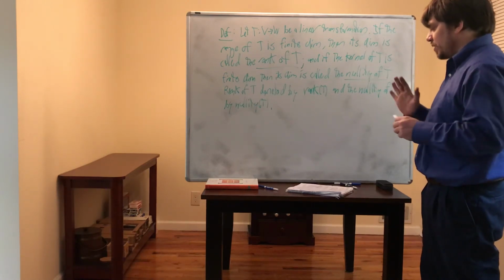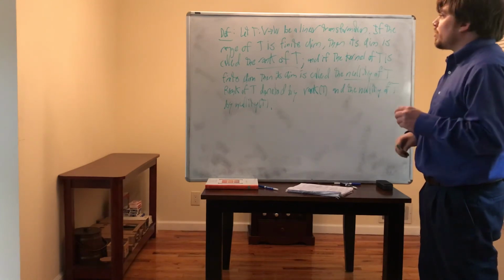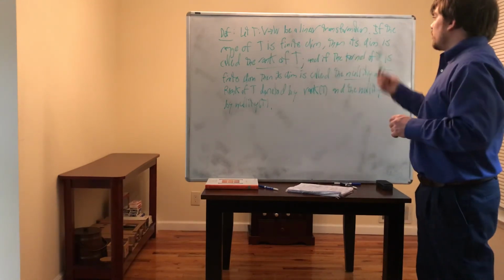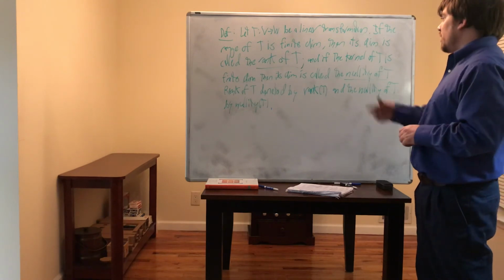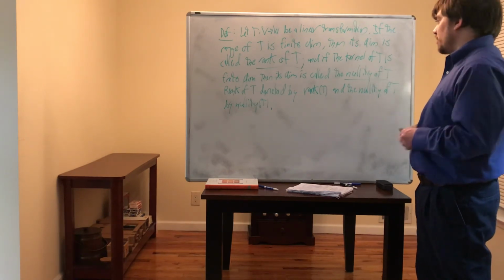That's the notation for the rank and nullity of T. So if the range of T is finite dimensional, then its dimension is called the rank of T. And if the kernel of T is finite dimensional, then its dimension is called the nullity of T.